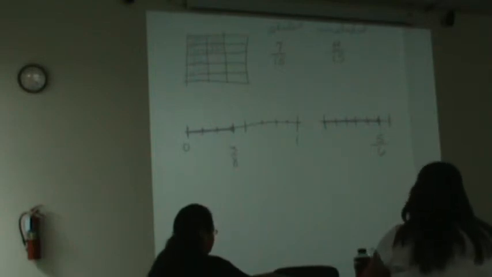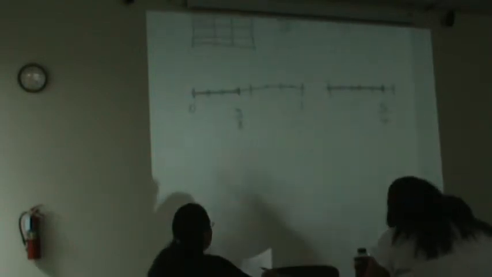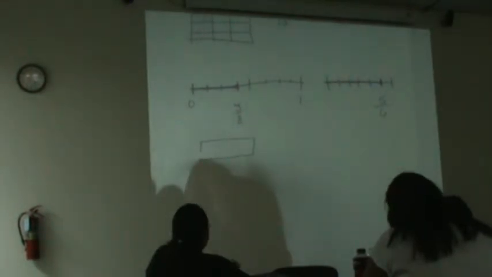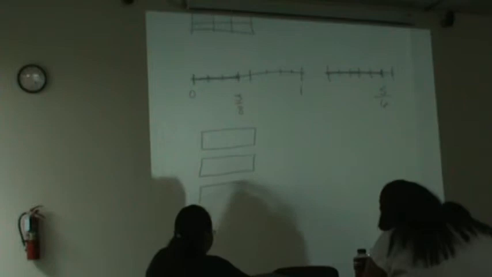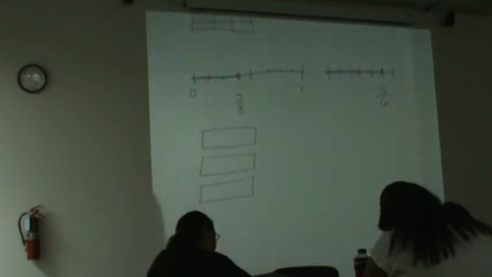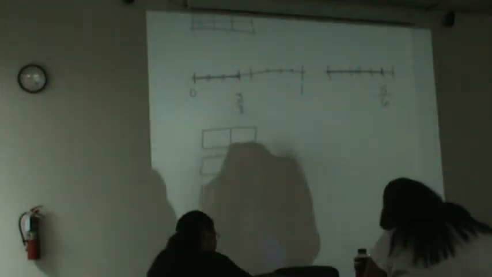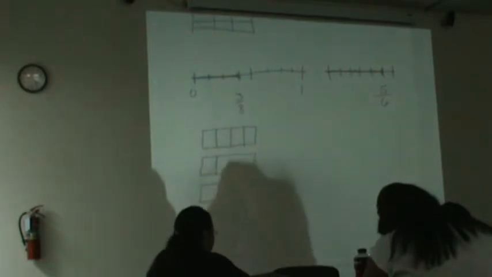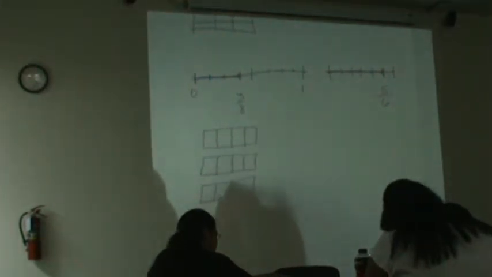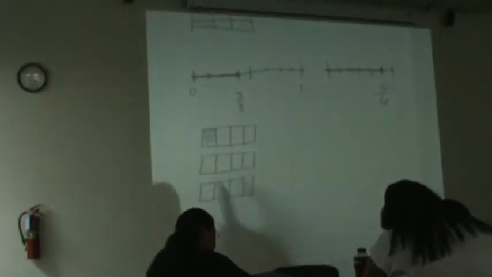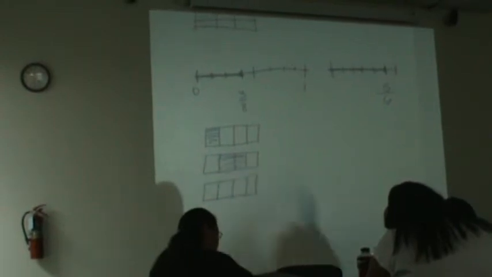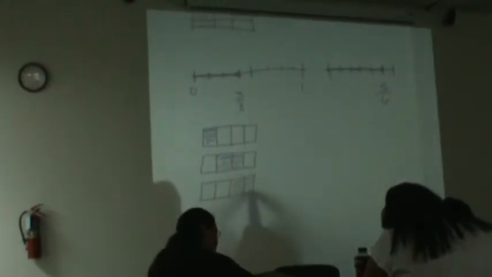Okay, let's do something a little harder. You guys are too smart here. That's a good thing. Don't take that as a bad thing. Let's divide each one of these things up into 4 parts. And we're going to color one of these, and 2 of these, and 2 of these.